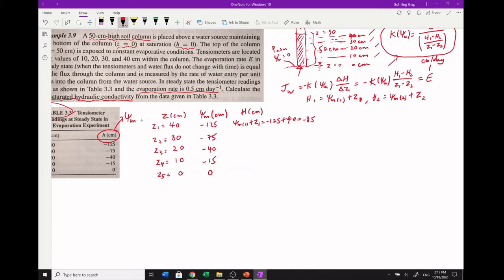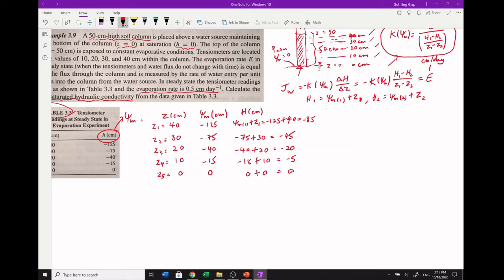So here is negative 75 plus 30, which is equal to negative 45, and here is negative 40 plus 20, so it's negative 20. Now here is negative 15 plus 10, so it's negative 5, and here is 0 plus 0 equals 0.